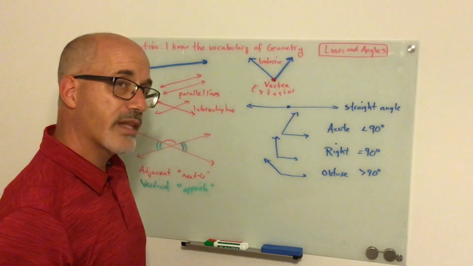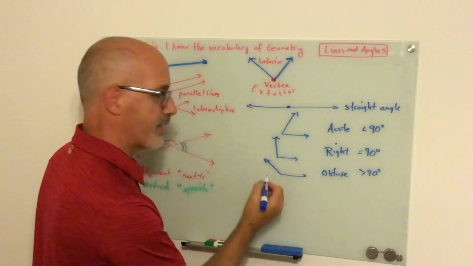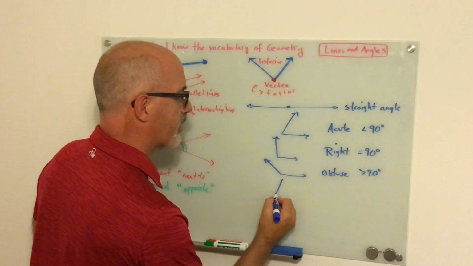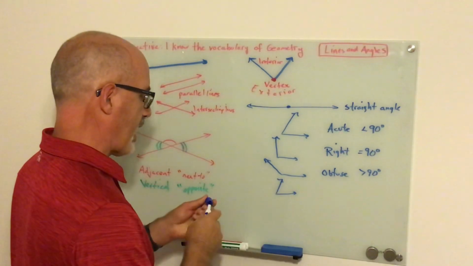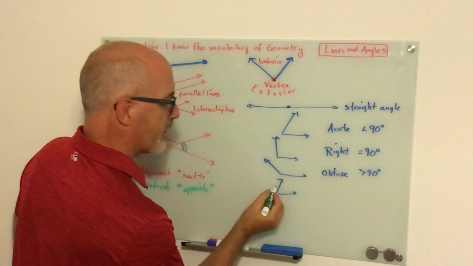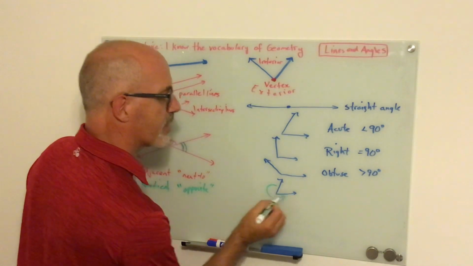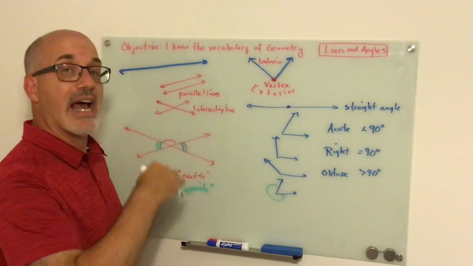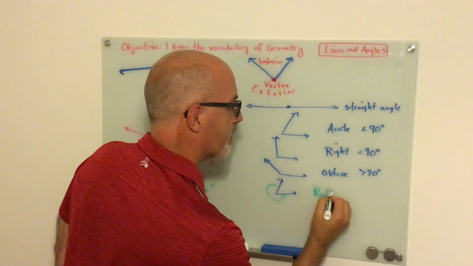And then this is one that maybe you haven't talked about before. If I take any one of these, so I'm going to take the acute angle here, and look at the outside of it, so go around here instead of in between the interior, but go to the exterior, that outside of it is called a reflex angle.